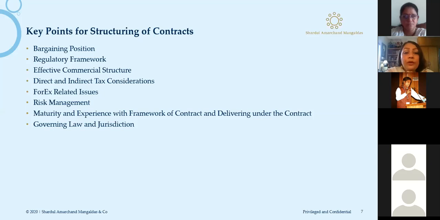Now, you could get benefits by making sure that the governing law and the place of the contract, the business of the contract you look at, can be in a different country. For example, you may be operating in a different jurisdiction itself, and you may choose to be in that jurisdiction because it is tax effective.